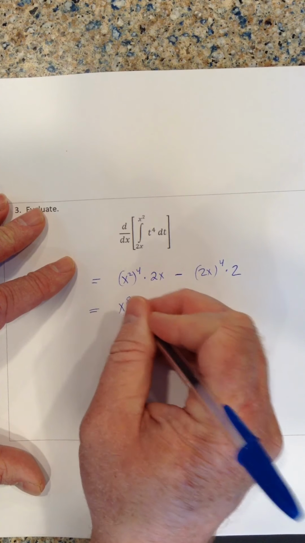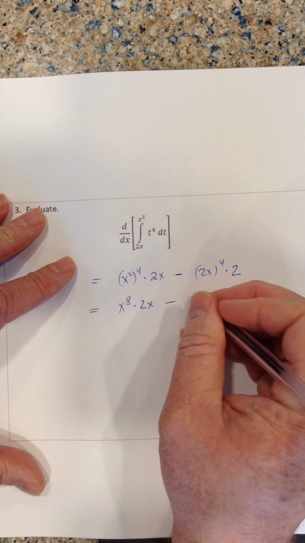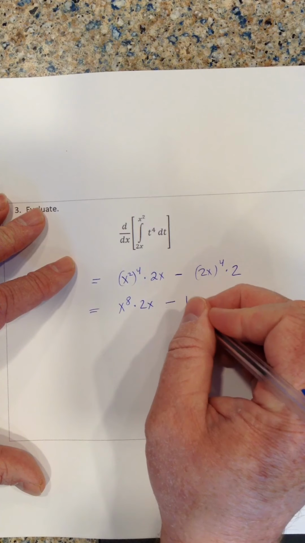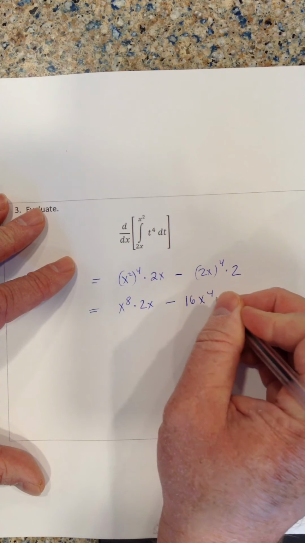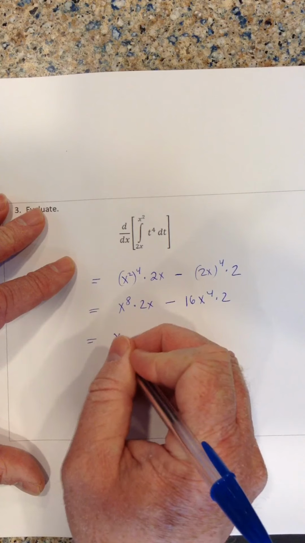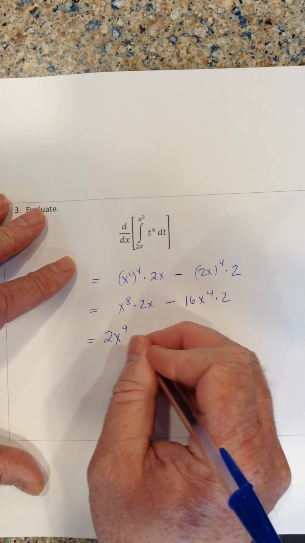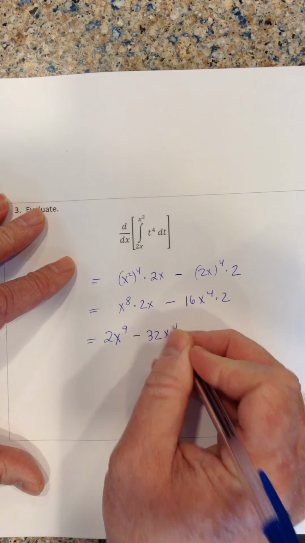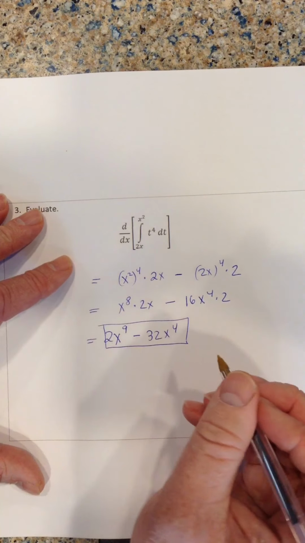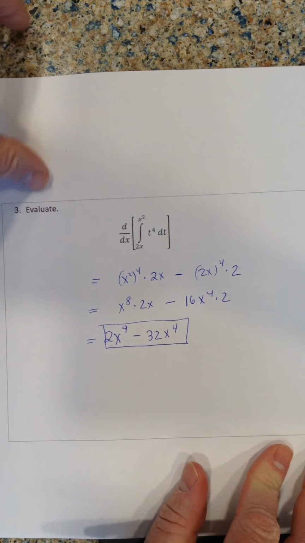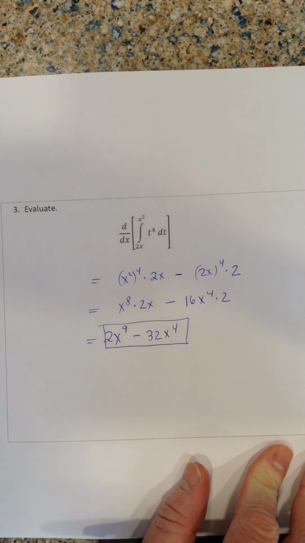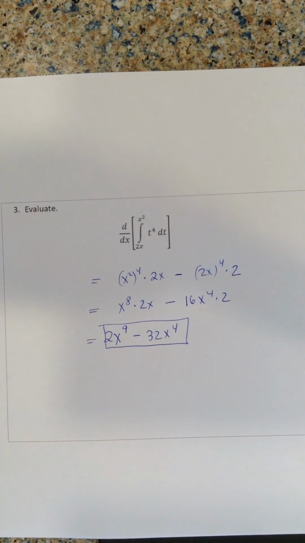So I get x to the 8th times 2x minus 16x to the 4th times 2. So I get 2x to the 9th minus 32x to the 4th. And that's it.